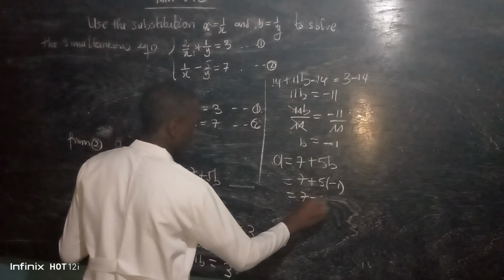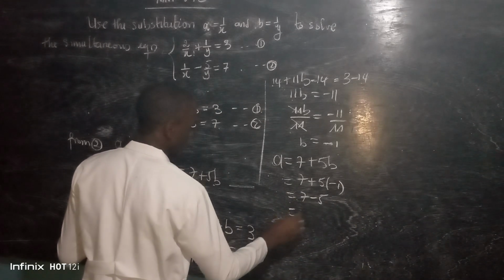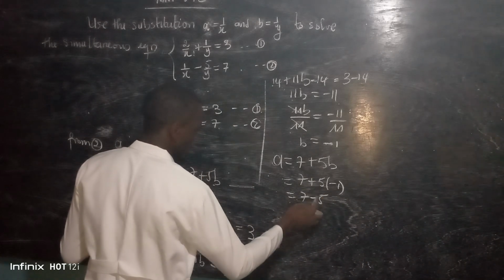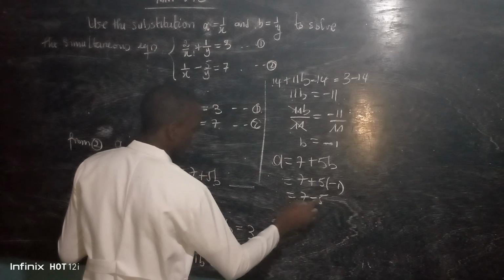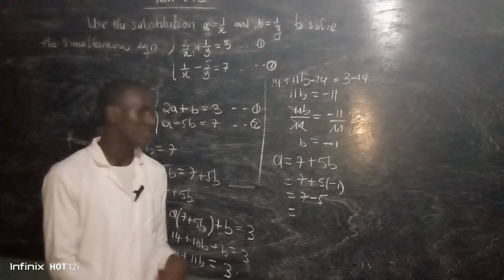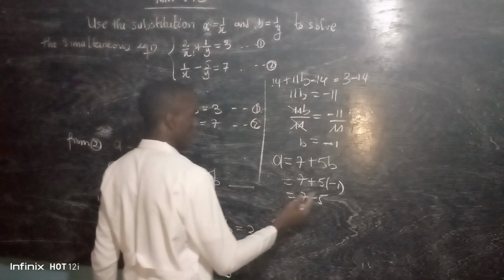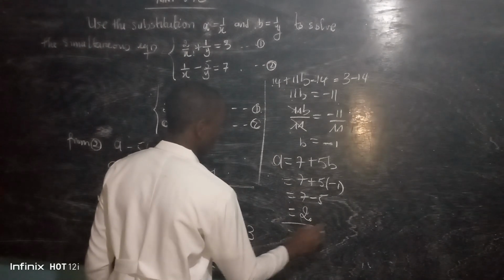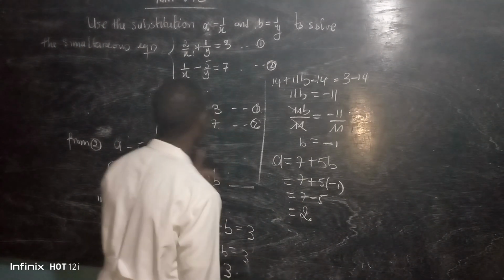So it's 7 minus 5, which is what? Because you have positive times negative, that's why you have negative here. 7 minus 5 is what? You have 7 things and you're owing 5 things. When you pay your debt, you'll still have 2 things left with you. So that's the value of a and b.